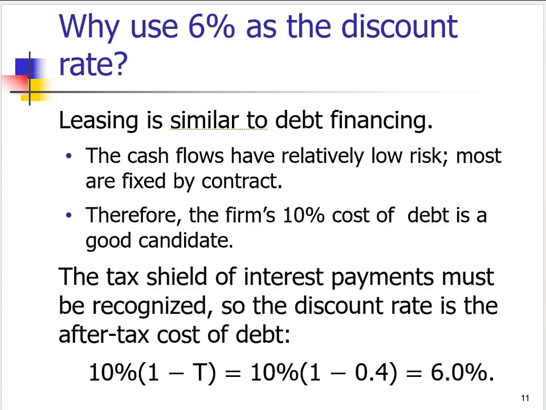So then the 10% cost of debt for a company, or whatever the cost of debt is, is a relatively good candidate for the discount rate. Now, of course, interest is tax deductible, so the actual discount rate after taxes is 6%. So this is the discount rate we want to use when we're analyzing our leases. So it's the after-tax cost of debt for the company.